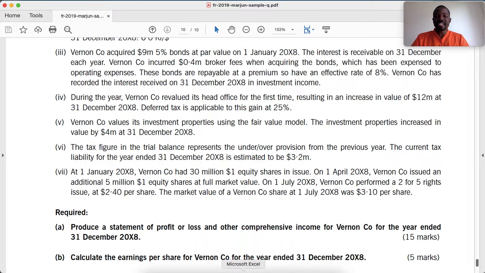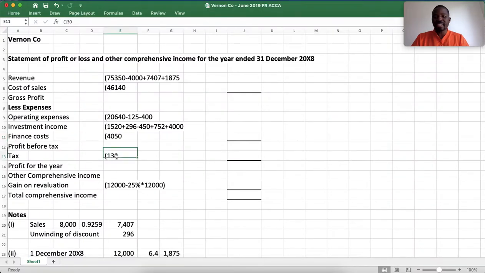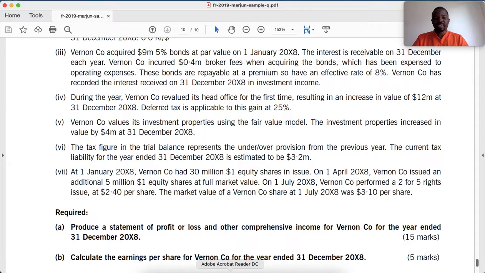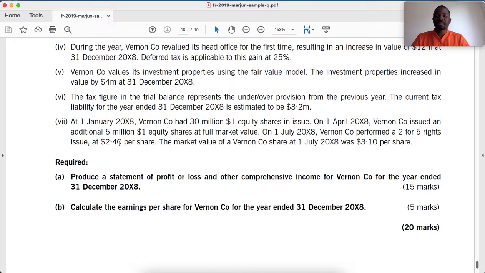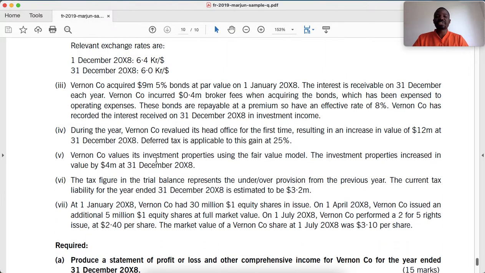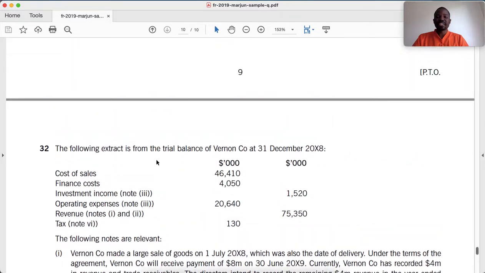So let's go and add our tax here of 3.2 million, which is 3,200, like that. Let's go again to our question. Note number 7 relates purely to part B, the calculation of earnings per share. So we have finished with our notes here.